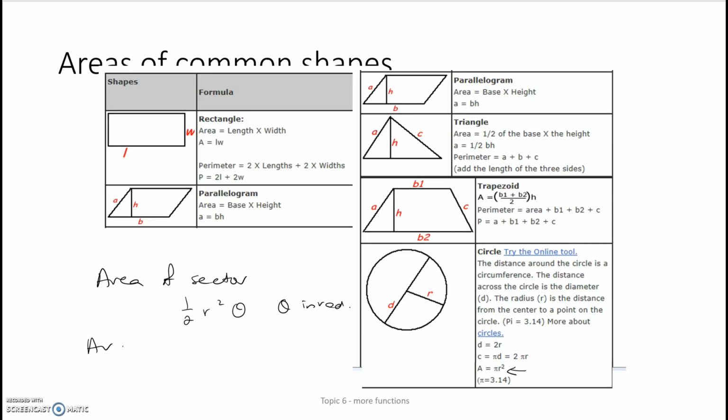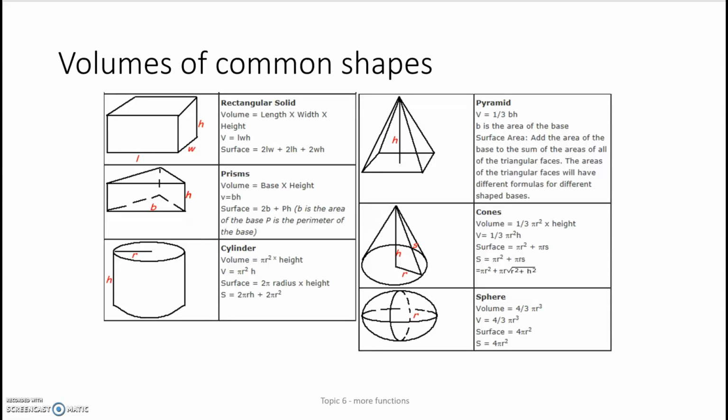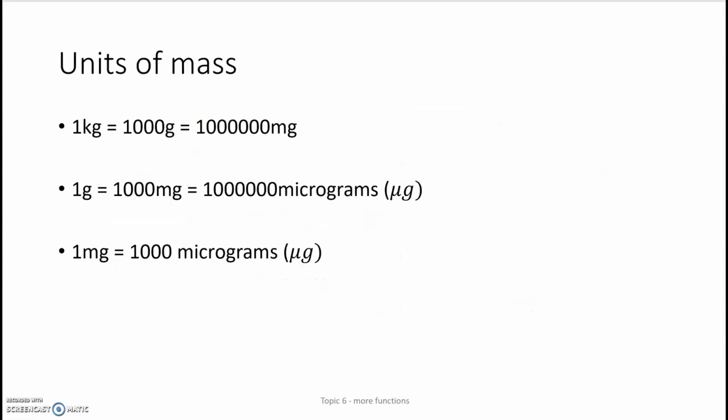Same if you're finding the arc length, where the arc length is r theta, that's the length around there. Again, theta is in radians. A list of volumes, you'll find that in any textbook.